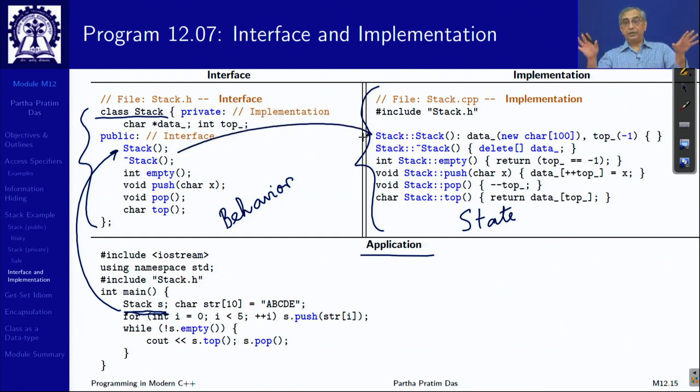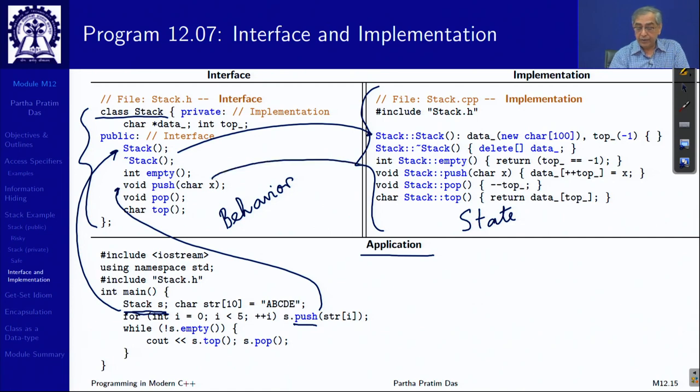The construction process will get done, the object will get ready with the array dynamically created and the top initialized to -1. Then as I do push, it again knows the interface. So, it is calling as if here, which actually calls this function, which makes changes to the state to push the element to the stack S, and keeps on doing that.